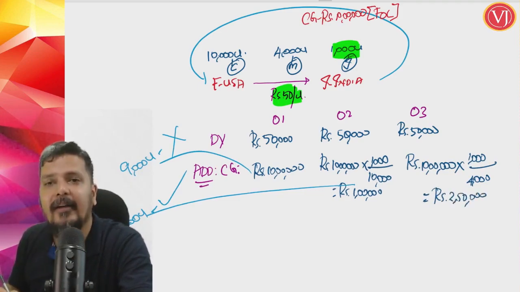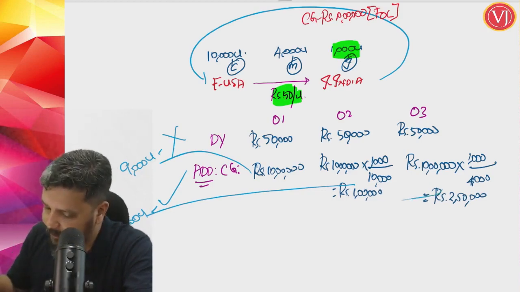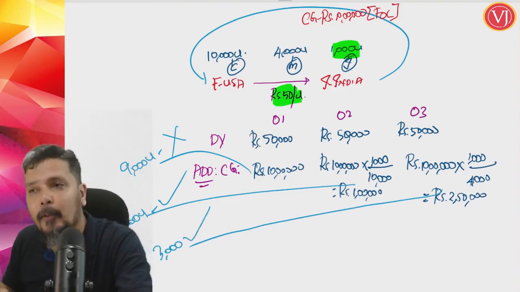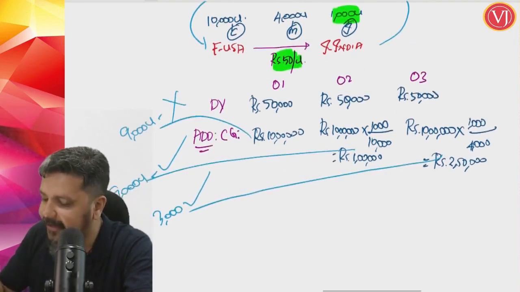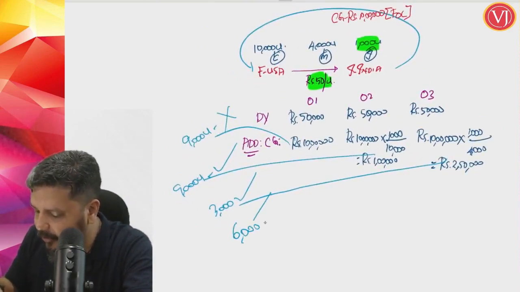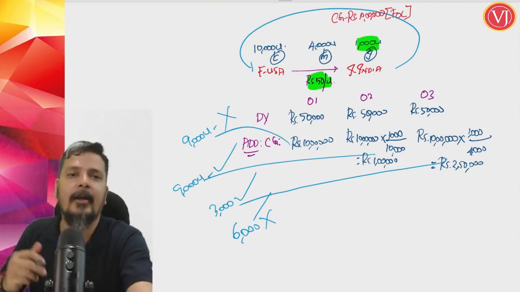Add now 2,50,000. When the balance 3,000 units are imported, do proportionate addition, and when the final 6,000 units are imported, don't do proportionate addition. Don't do, because already it is amortized.